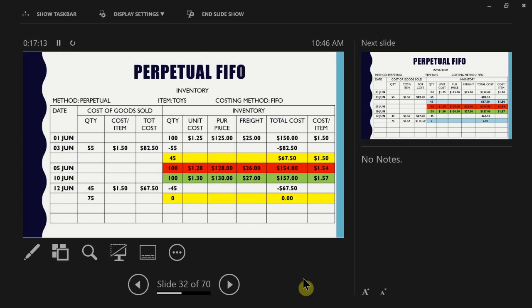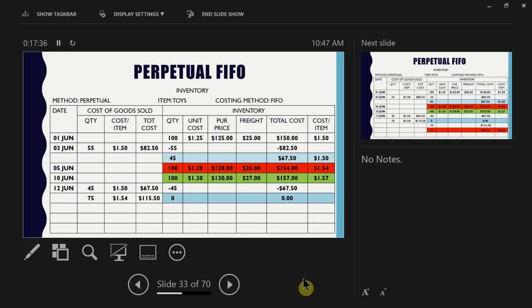It doesn't exist anymore because I got rid of everything in that batch. Okay? So here, we still have to sell 75 more, which Kim said we need to take from our red batch. So how much is it going to cost per item for my red batch? $1.54, right?